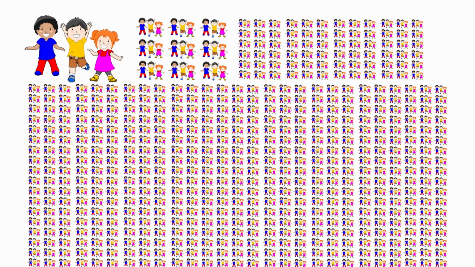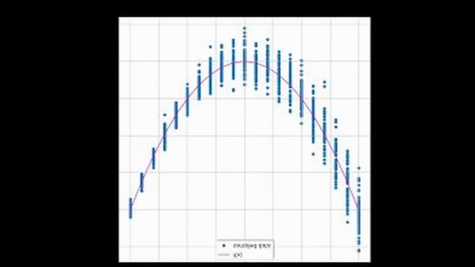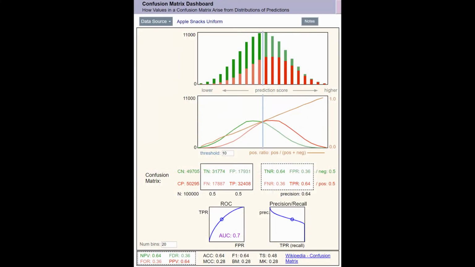We do this for hundreds or thousands of pretend kids, and voila, we have our synthesized samples. The distribution of kids' preferences will track the prediction scores. Because we're sampling using a random number generator, there will be sampling noise. Let's generate 100,000 pretend kids, just to smooth out the statistics.